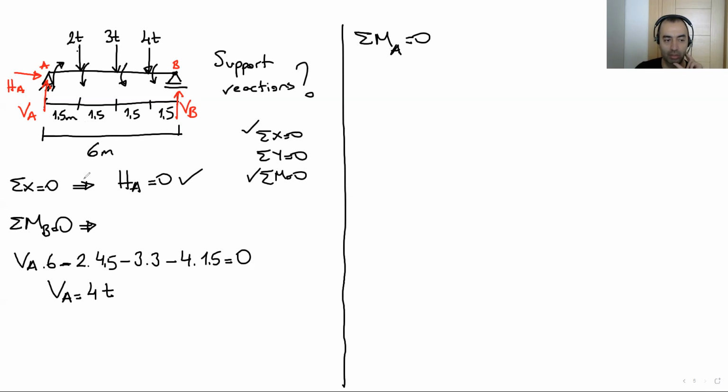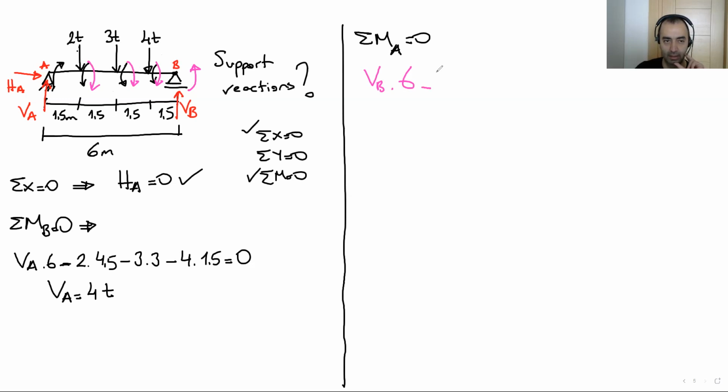I generally use the moment equation to calculate the support reaction. Firstly, we use total MB. Now I'm going to use total MA here. I will change my color here. Okay, vertical B times 6. So that means I assume the vertical B direction is positive, but all other forces rotate the system in negative direction.